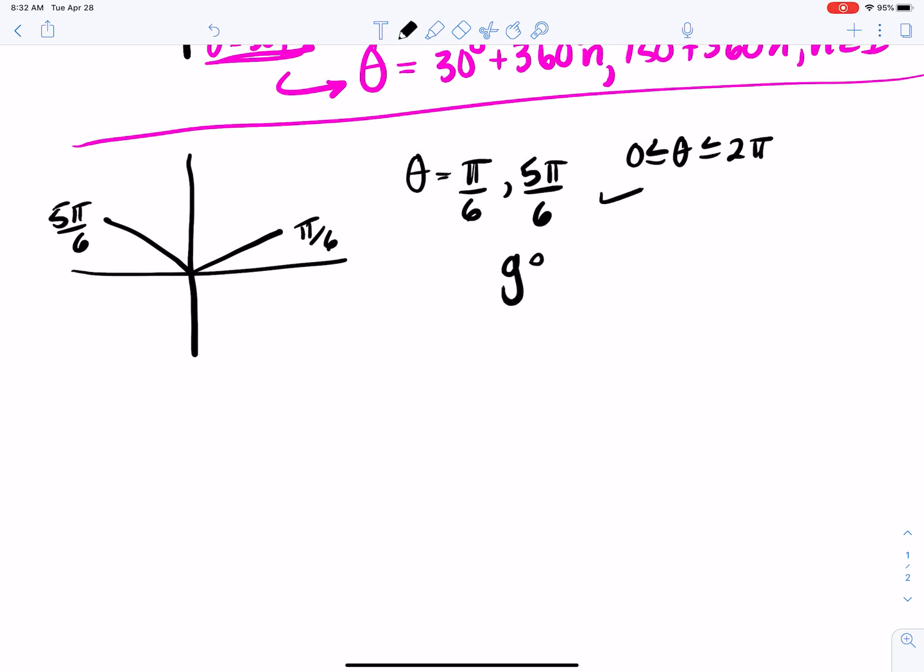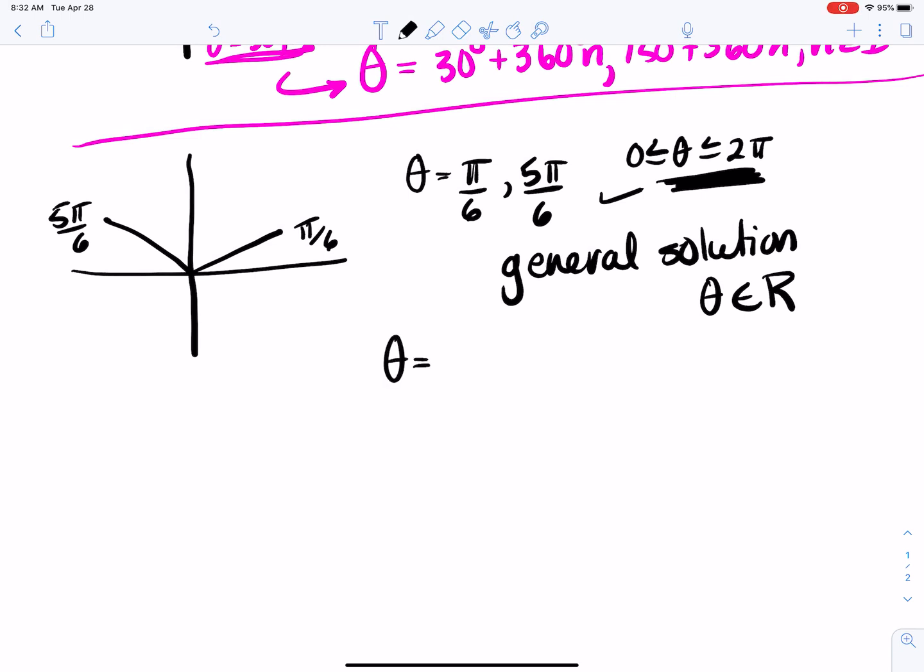But if it asks for the general solution, and another way they ask for the general solution is they don't give a domain like this. They give it as an element of real numbers, meaning all solutions. What would that look like? Well, think about coterminal.